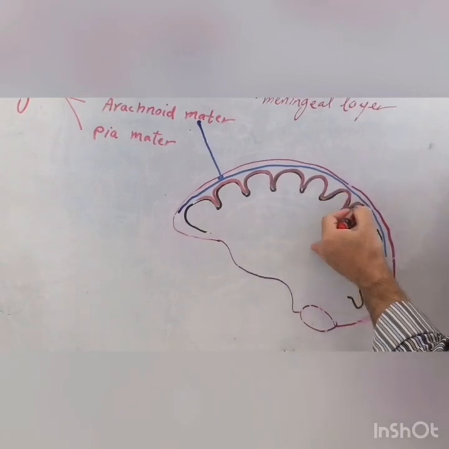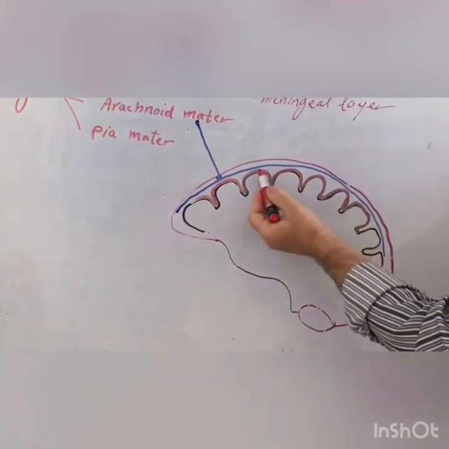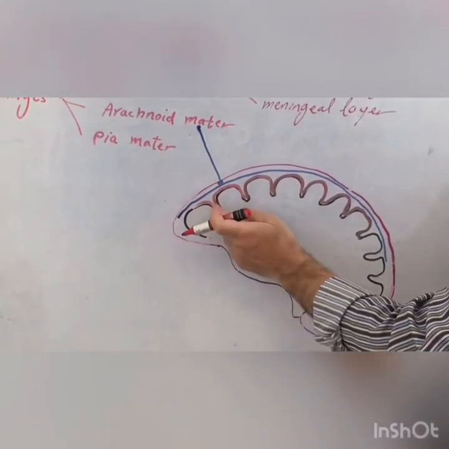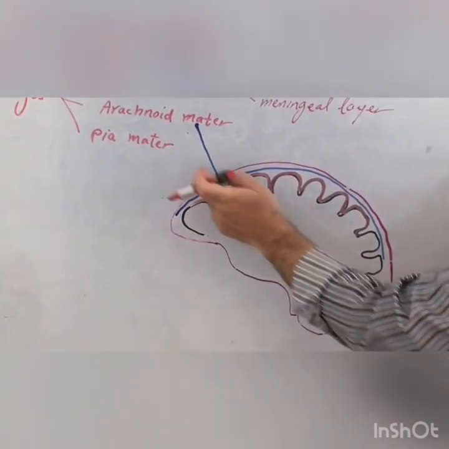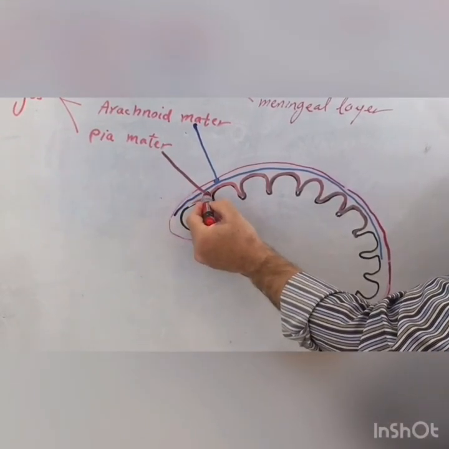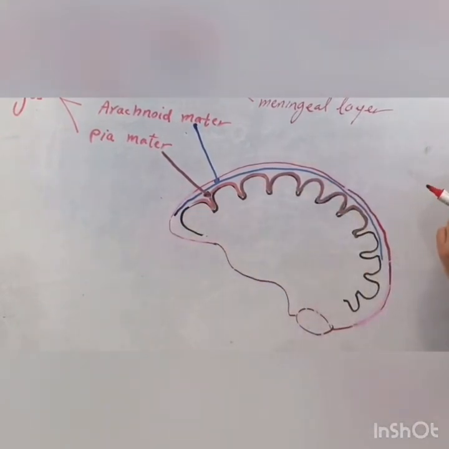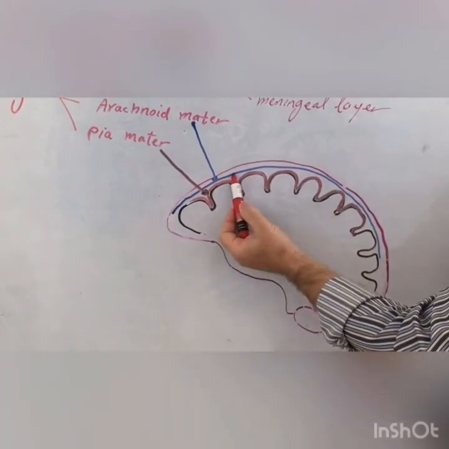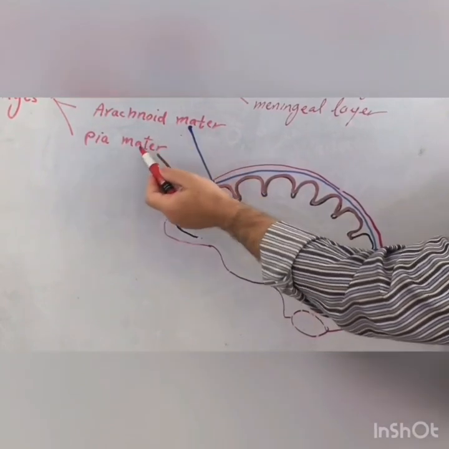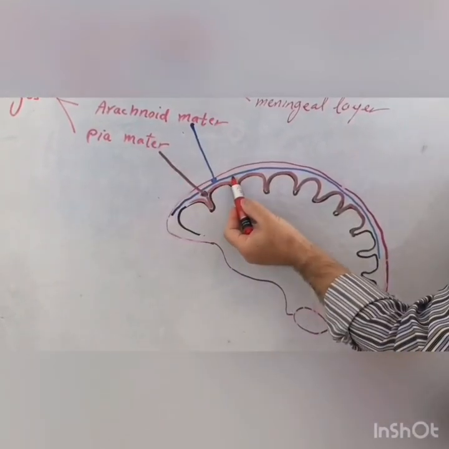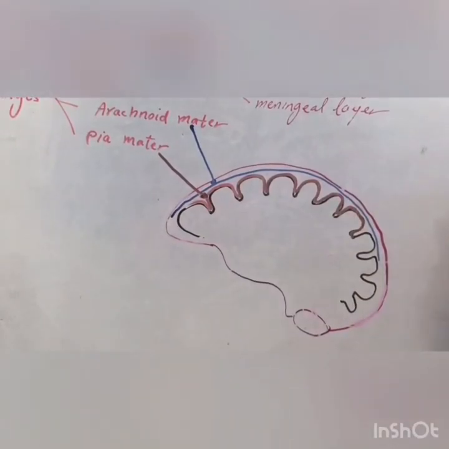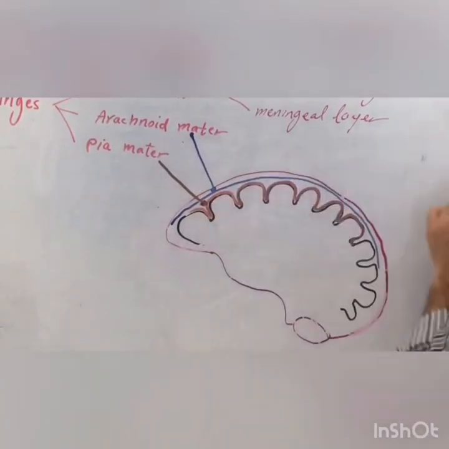So this is the difference between this layer, blue in color, the arachnoid, which is not passing in the sulci, while the pia mater is passing and very adherent. The space between arachnoid and pia mater, here, this region, we call the subarachnoid space.